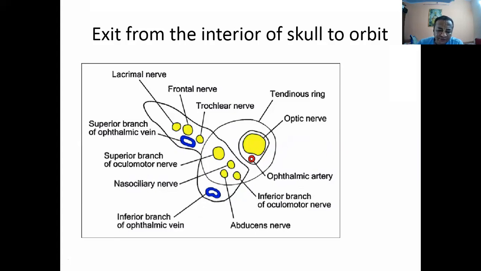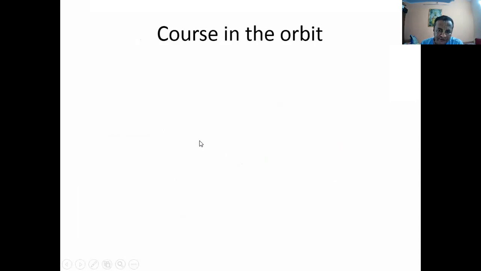The third nerve passes through the intermediate part of the superior orbital fissure. You can see here, third nerve comes out through the intermediate part. The sixth nerve also comes out through the intermediate part, and the fourth nerve comes out from the lateral part of the superior orbital fissure.